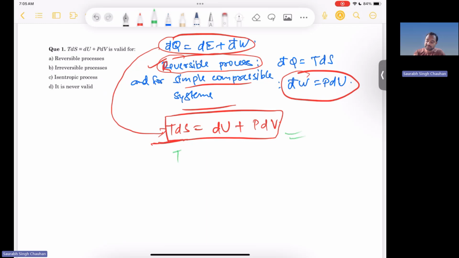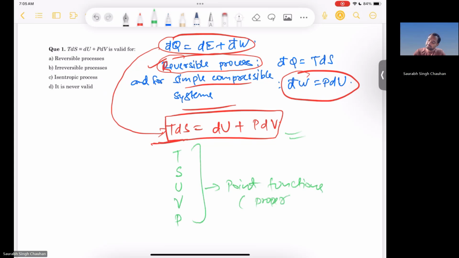For example, temperature, entropy, internal energy, volume, pressure, they all are point functions. So they are not path functions. They do not depend on the nature of the process, or on which path the process is taking place. So they are point functions, so it is always valid.